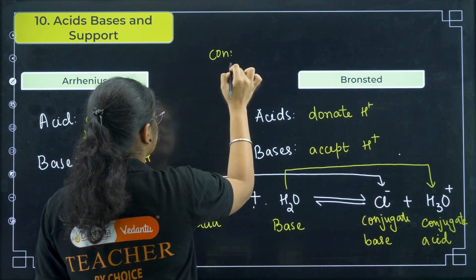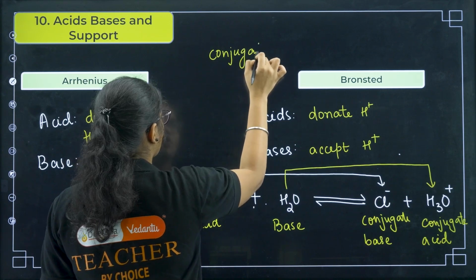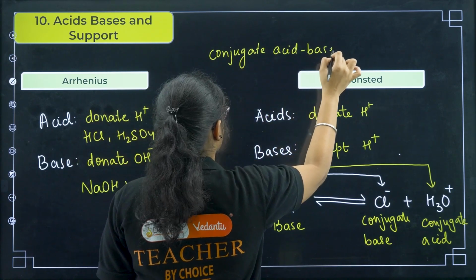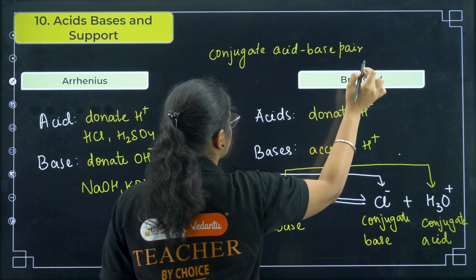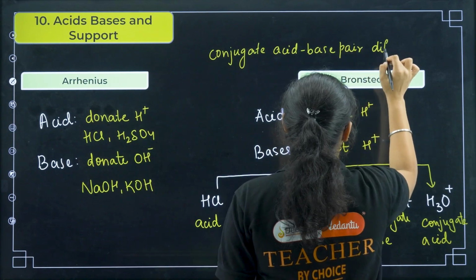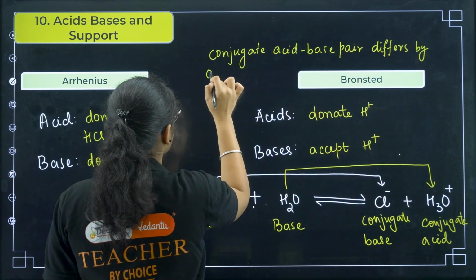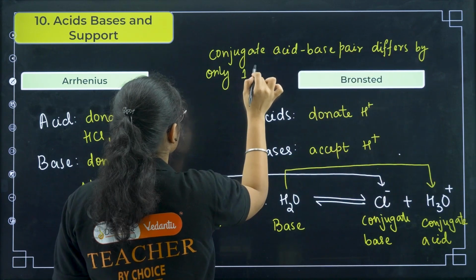So basically, what is this conjugate acid base pair? A conjugate acid base pair differs by only one proton.